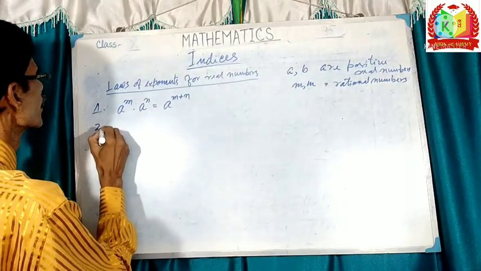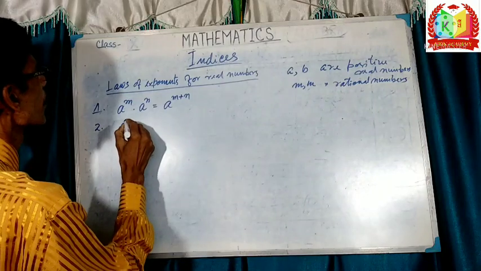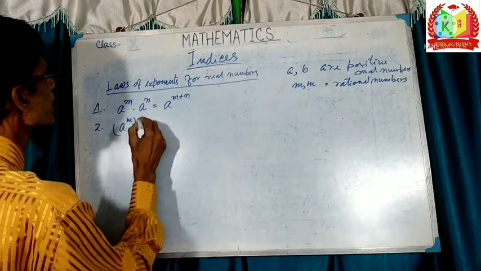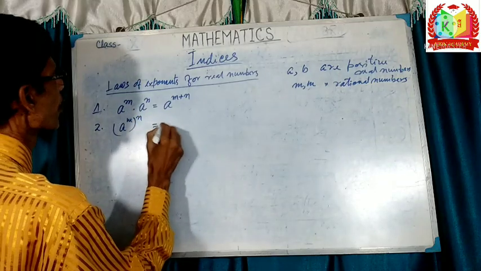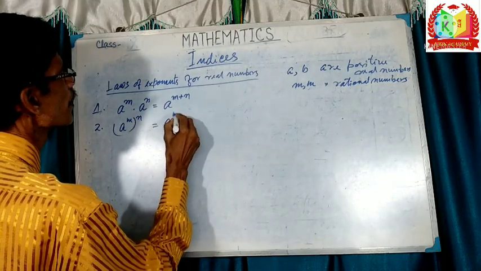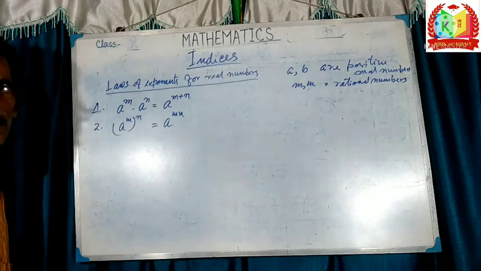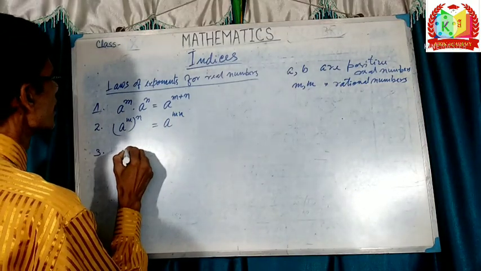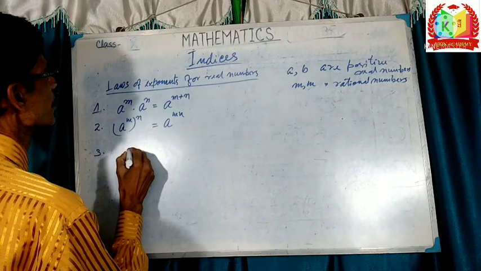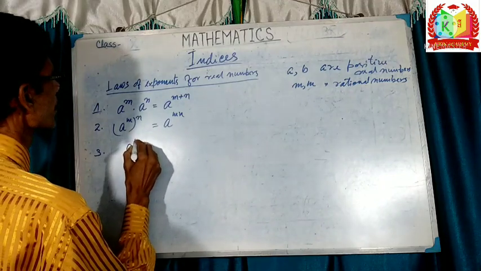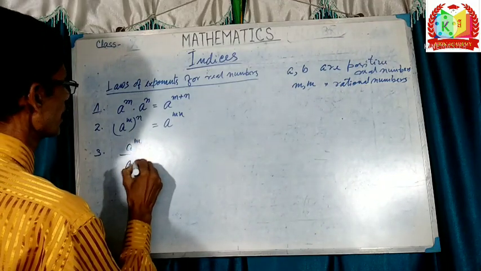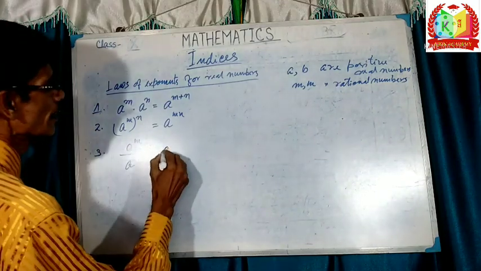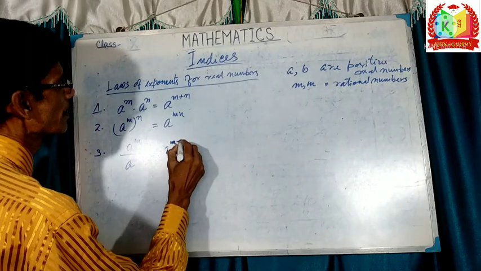Like number 2, a to the power m whole to the power n equal to a to the power m n. Number 3, a to the power m by a to the power n equal to a to the power m minus n.